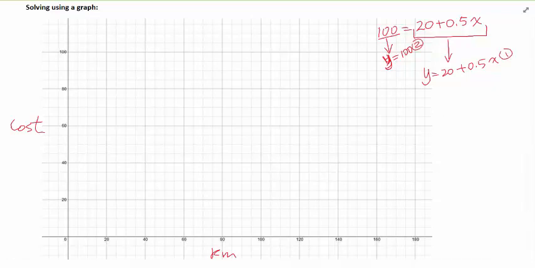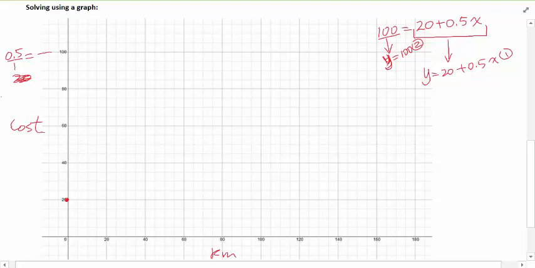So where does that line start? Where does this line start? 20, right? So it starts at 20. Now, I have points every 20. So remember, it's like 0.5 for every 1.